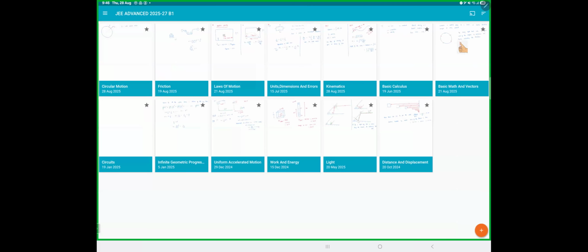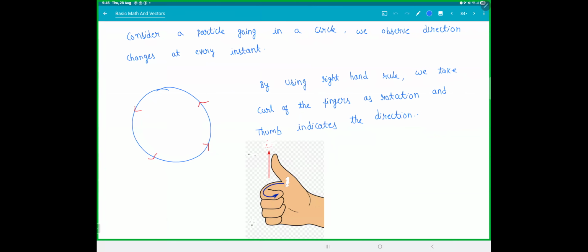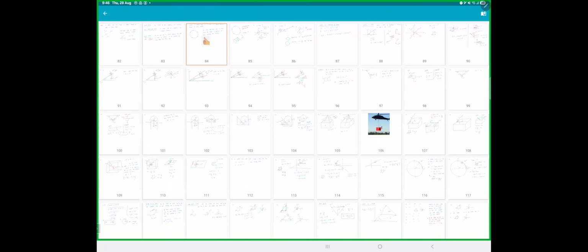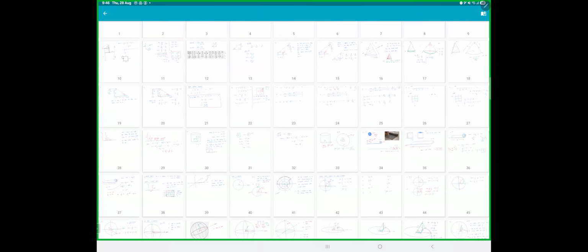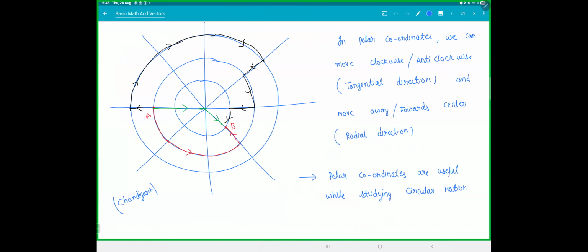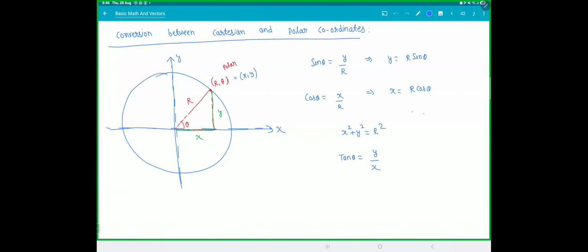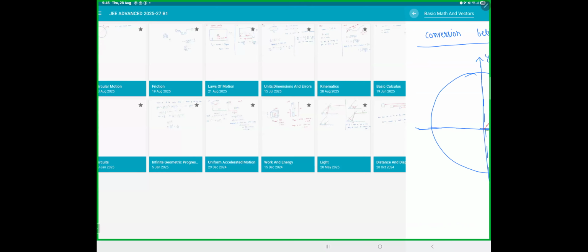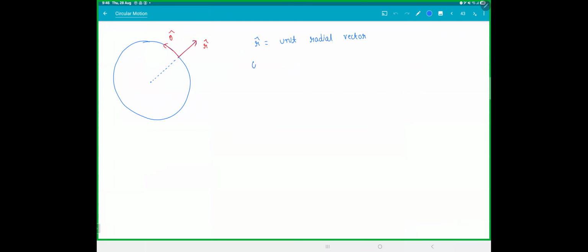We had this discussion in the first chapter, basic maths, in vectors, if you remember here, Cartesian coordinate system, polar coordinates. So you should refer to that in case you forgot. So it's a unit radial vector. Theta cap is your unit tangential vector. We will take the anti-clockwise as positive.